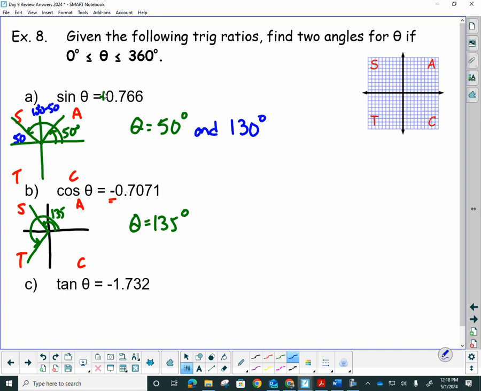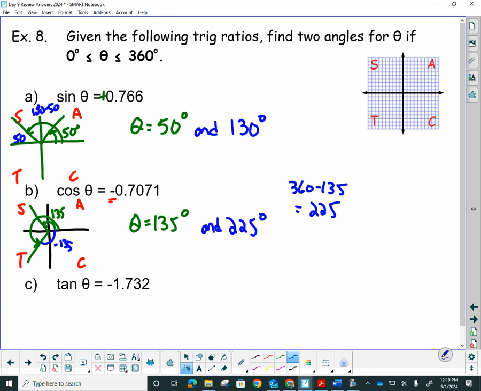One way you might look at it and say, well, if it goes that's 135, if I go backwards, that would be negative 135. And I could do 360 minus 135 and get 225. So that's one possible answer. I know it's the correct answer.